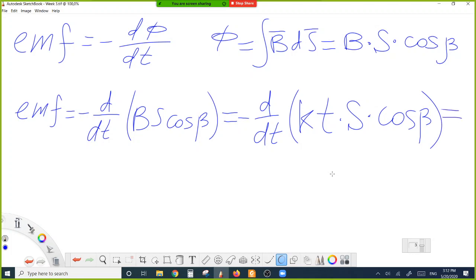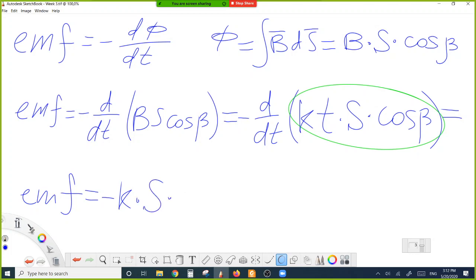If we take the time derivative from this expression, we have that the electromotive force will be equal to minus k multiplied by S multiplied by cosine beta.